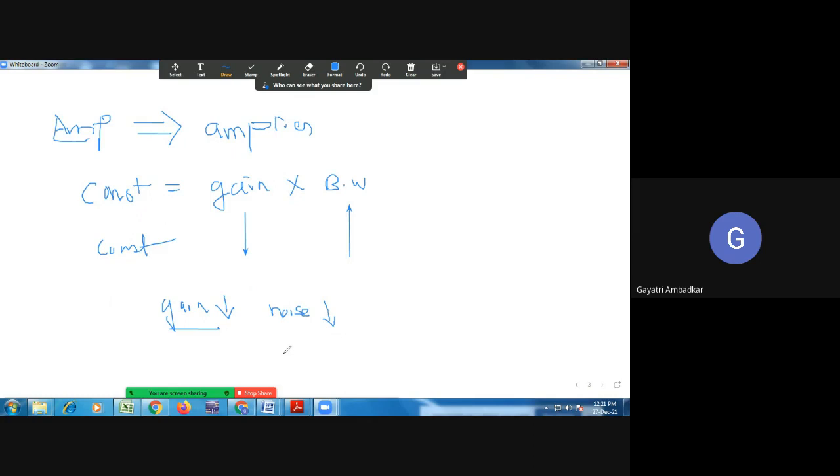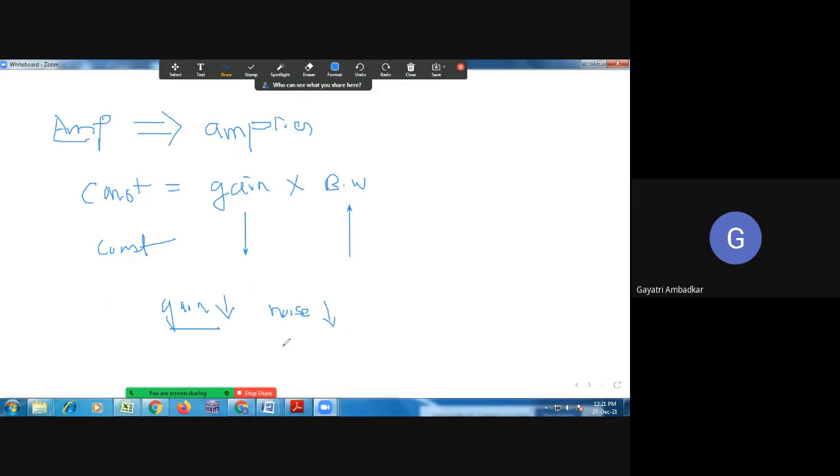Then another advantage of negative feedback amplifier is that gain is stabilized here. Stabilization of gain. What is meant by stabilization? The gain is dependent on multiple parameters because of which it can change. So these changes are minimized.